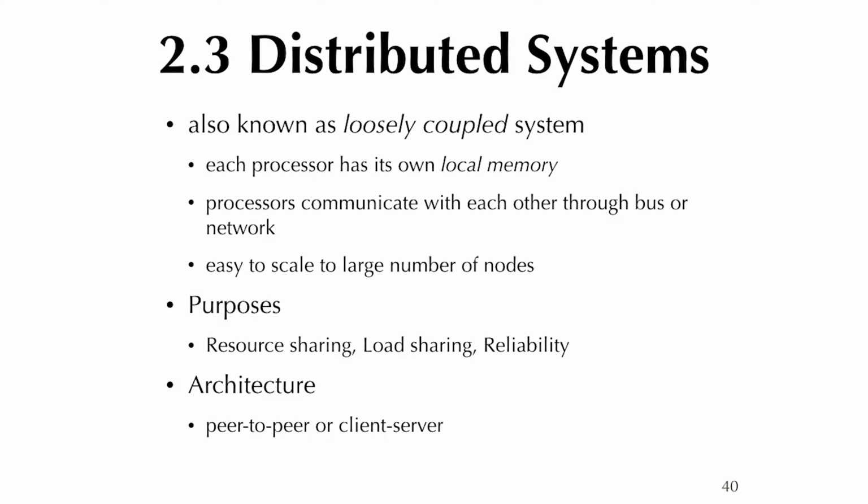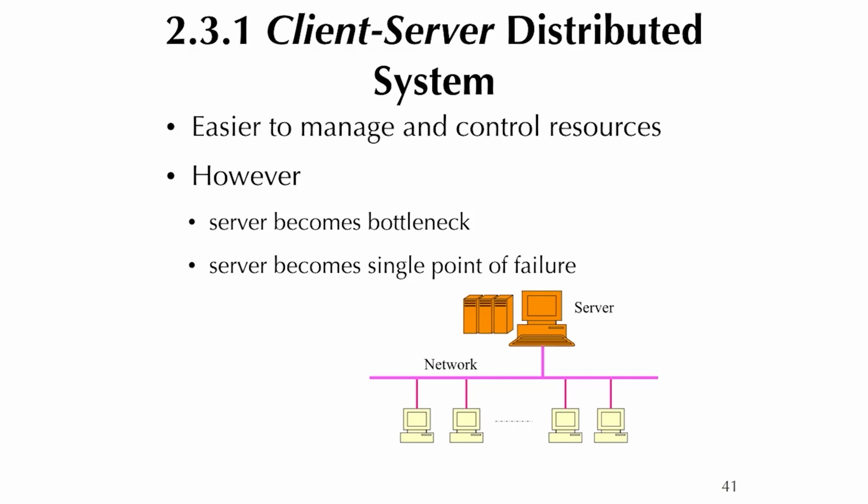And so this allows you to do resource sharing, load sharing, reliability, and they can be organized either peer-to-peer or client-server. Right? So client-server is more like the website, right? You want to connect to Google or Amazon or Facebook, right? So they have a server farm running, and you don't know or don't care where it's running, as long as it gives you back what you are requesting.